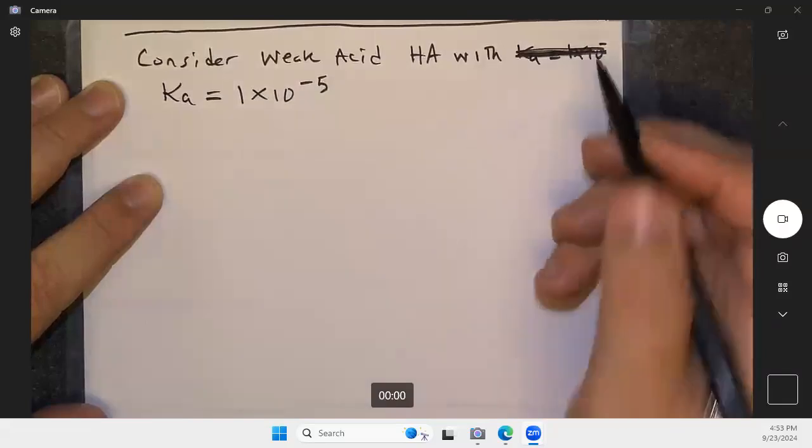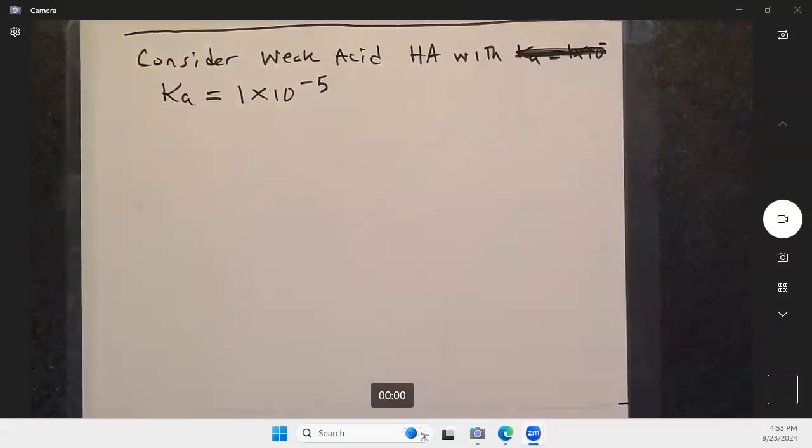So just ignore that line I drew. Okay? So now we've got a different one. It's still HA, but it's a different weak acid, and it's got a different Ka value. An order of magnitude weaker than the one we just talked about.